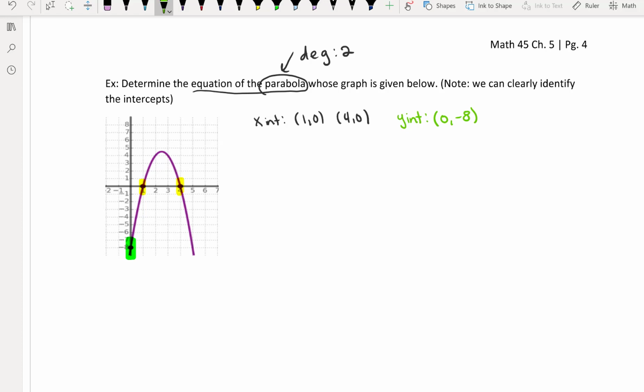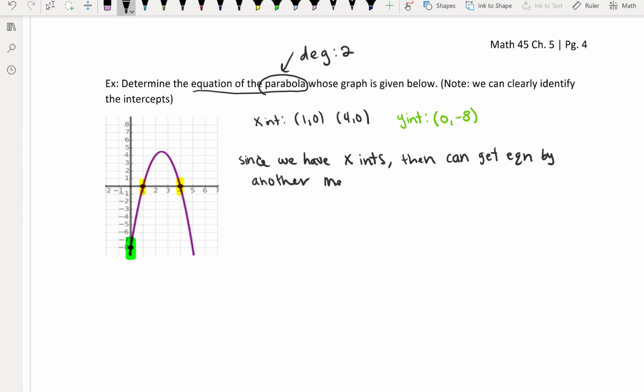Because I have my x-intercepts, I can write this in a very generic form. Since we have x-intercepts, we can get the equation by another method.